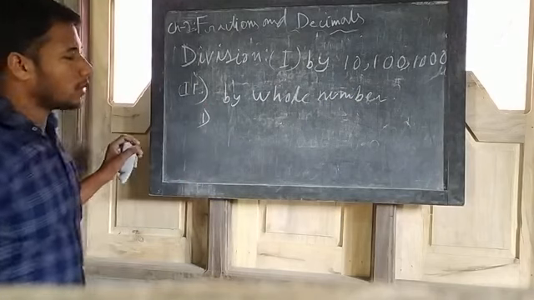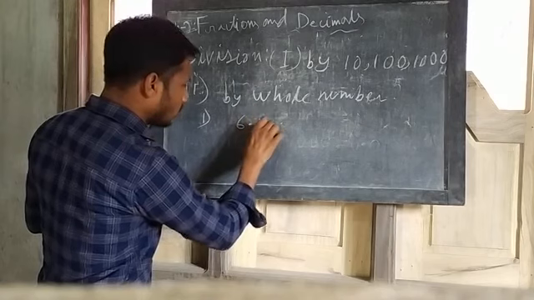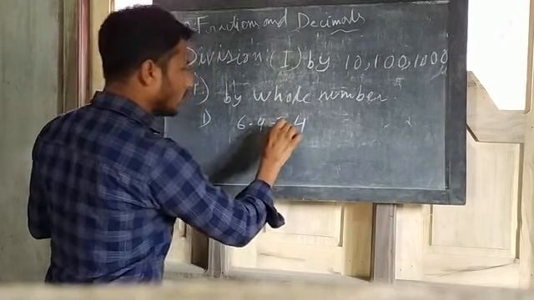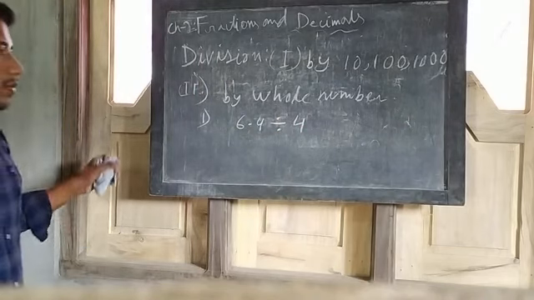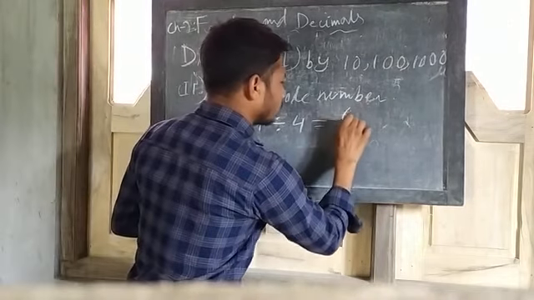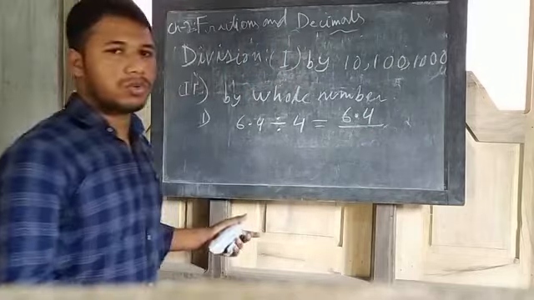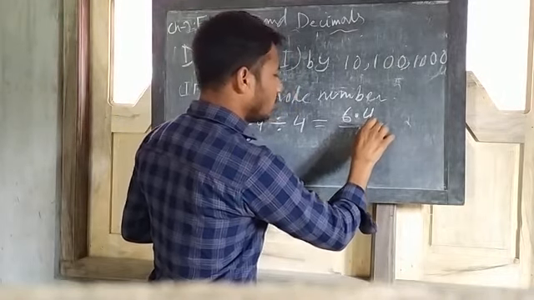See here some example. Suppose 6.4 divided by 4. So first see here, 6.4 by 4.